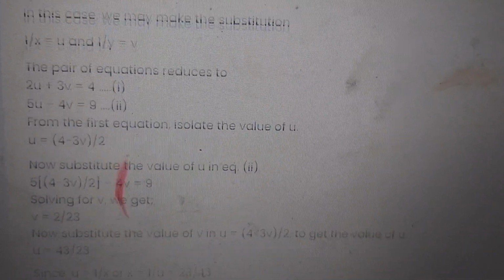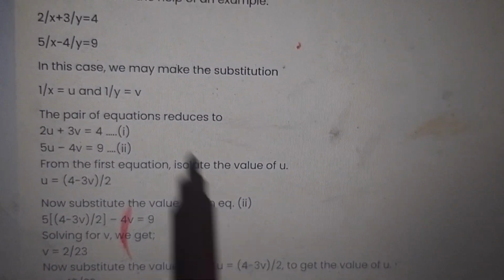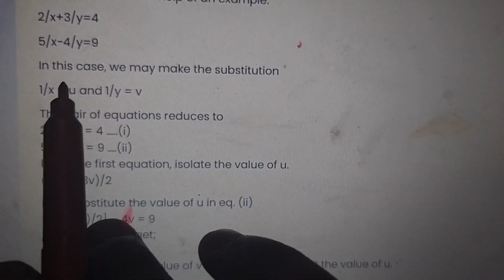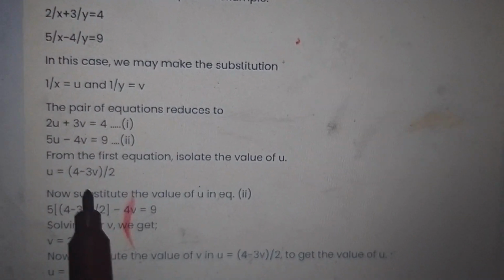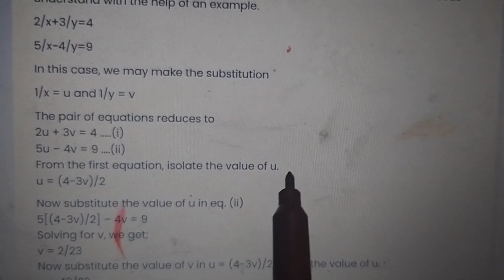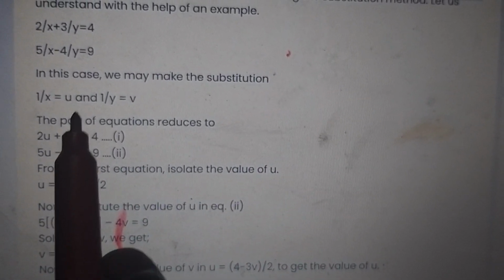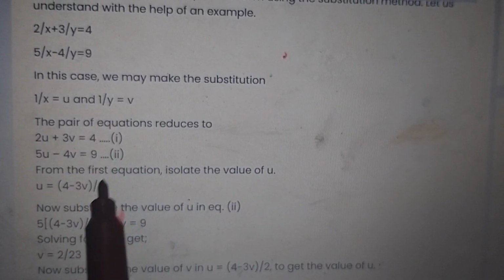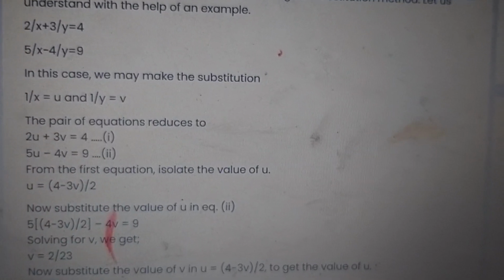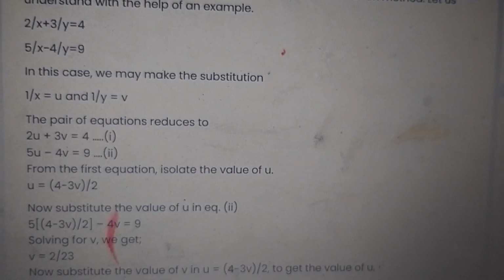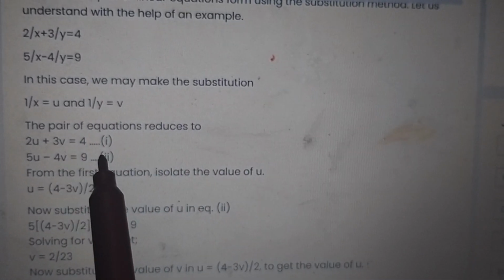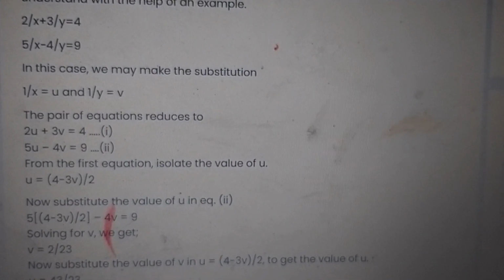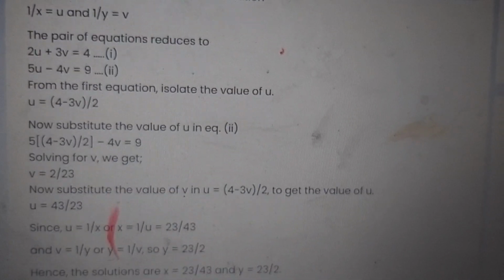The pair of equations reduces to 2u plus 3v equal to 4. From the first equation, isolate u: u equals 4 minus 3v by 2. This u value is substituted in the second equation. Then we get the v value. Like this, both values are obtained, children.